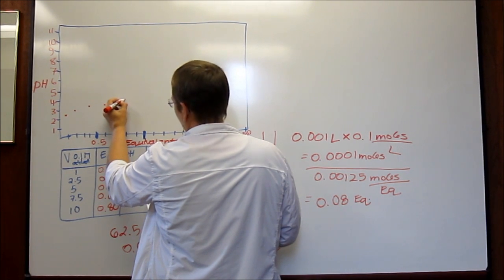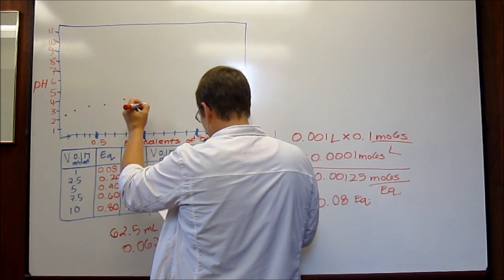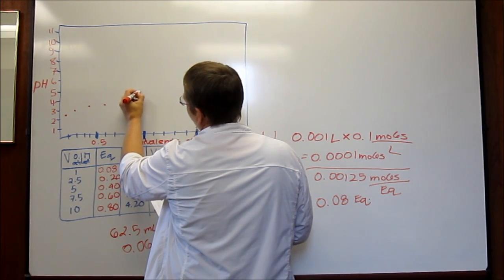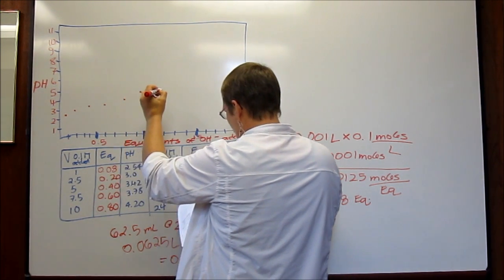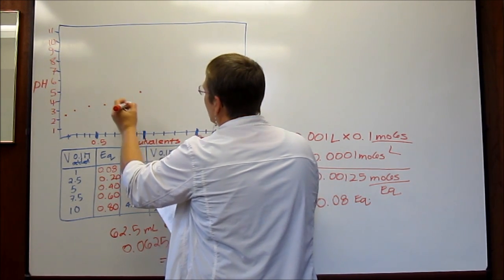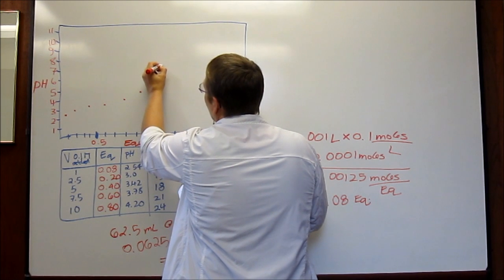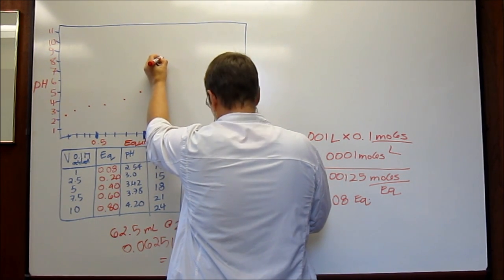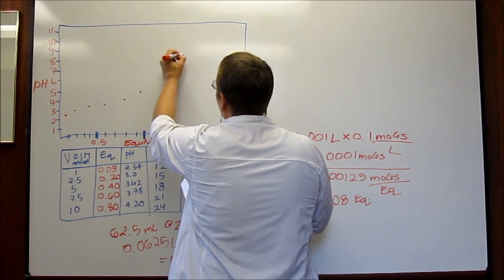Somewhere up here. 0.96 is at 4.98. That's somewhere in here. Big jump here because we're working into the next pKa. We've passed 1 equivalent. And we're up here at 8.6 somewhere. 9.1.